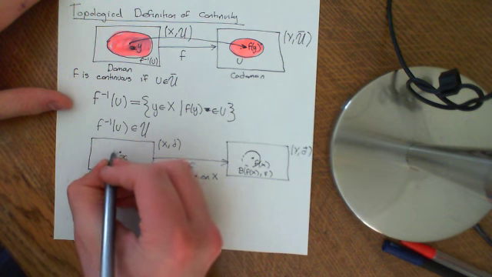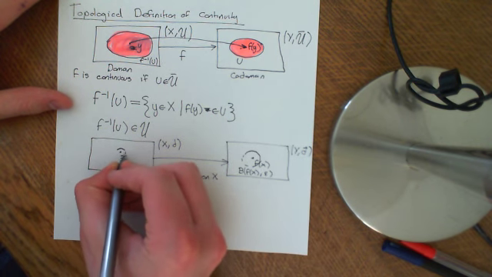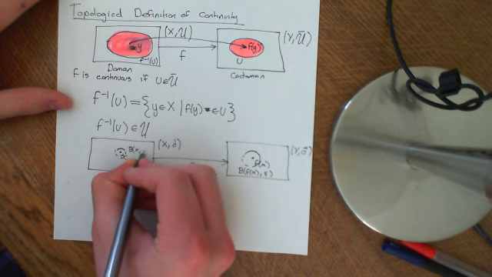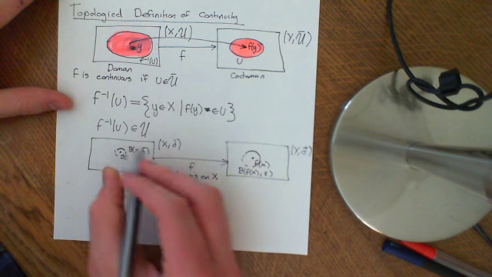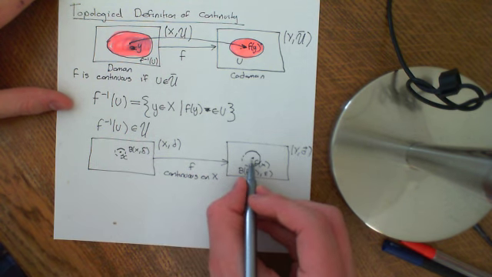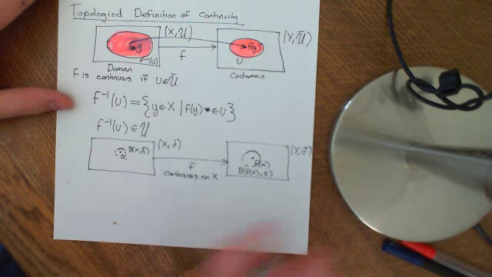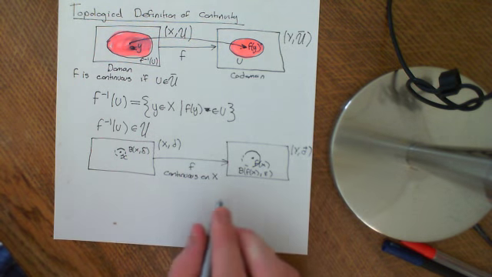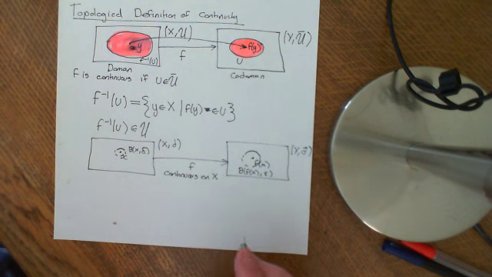For whatever size epsilon you make, I can find you an open ball around x of size delta, such that there exists some delta such that this entire ball is mapped into there, and that works whatever point you are at. That's the metrical definition of being continuous everywhere.